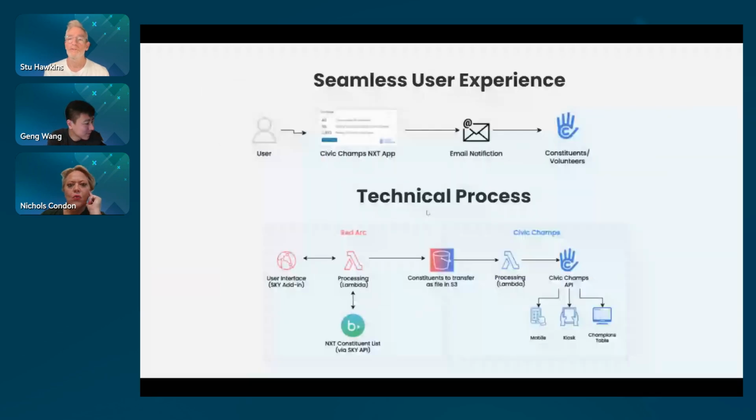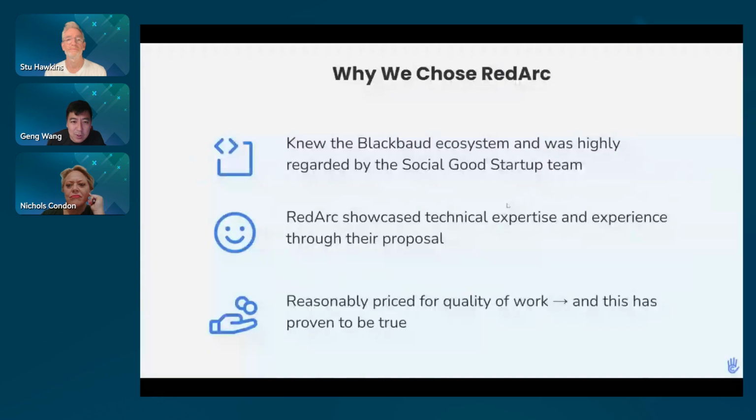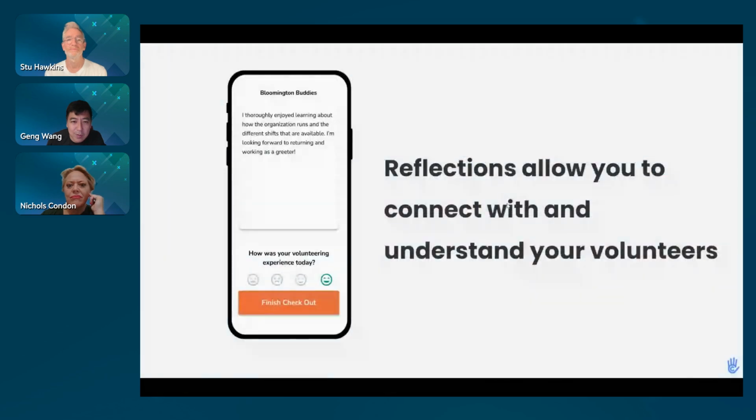There's a question here from Lucy. What kind of data is moved from one platform to another? So in the process that is on the screen right now, in this process of moving data to Civic Champs, it's constituents. Constituents are coming out of Raiser's Edge, which become volunteers, I assume. And I think more specifically, we had one of the images here that shows some of the specifics.